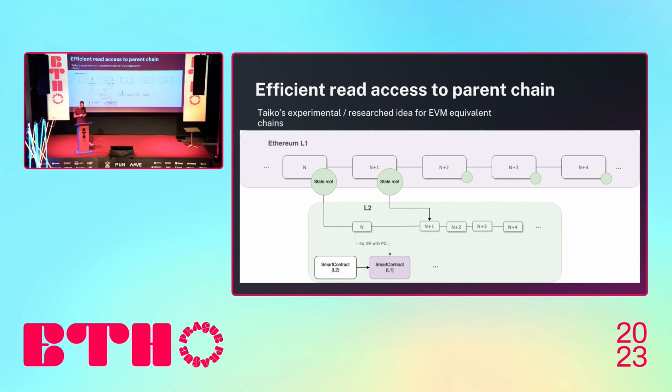It's very convenient and simple to prove. So L2s that are already proving EVM bytecode with Merkle Patricia tries can just easily switch the context, then the state root, and then call the data. It also has some drawbacks, of course.